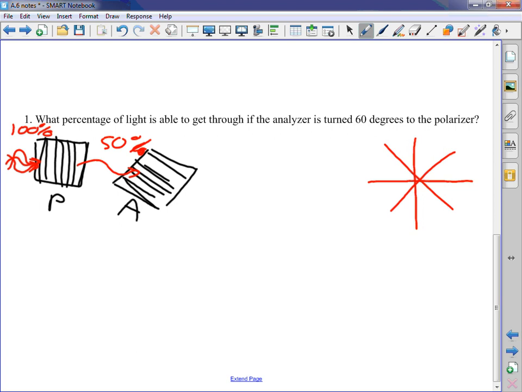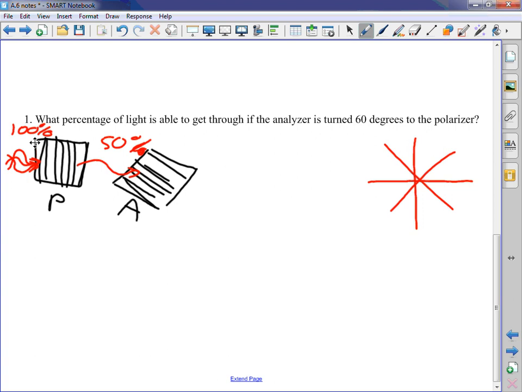Let's take 4 different ways it could oscillate: vertically, horizontally, at 45, 225, which is 180 plus 45, 135 up here in quadrant 2, and down here would be negative 45.